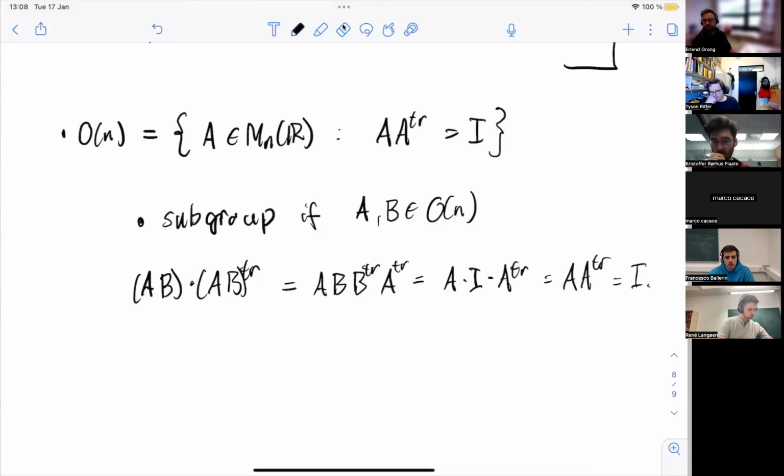Meaning that if you take two orthogonal matrices and multiply them, they remain orthogonal.